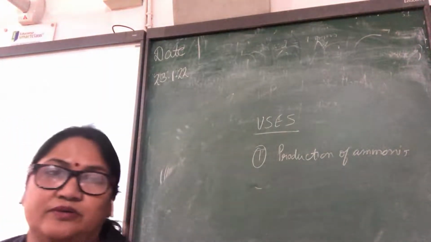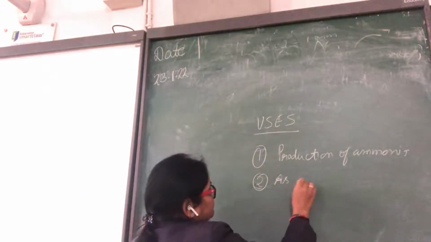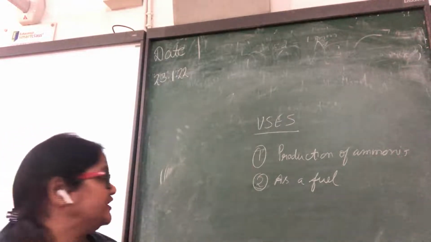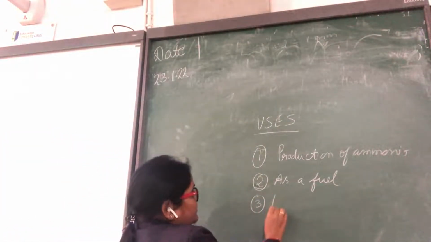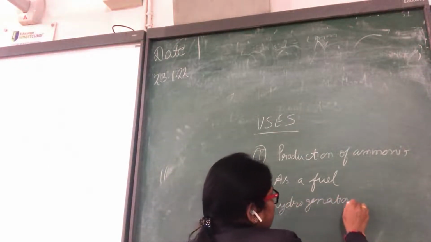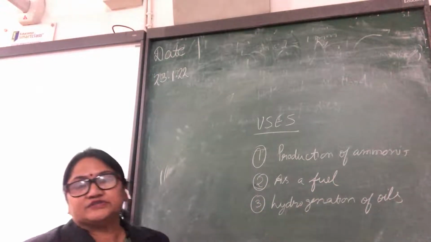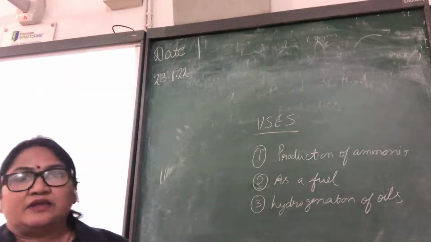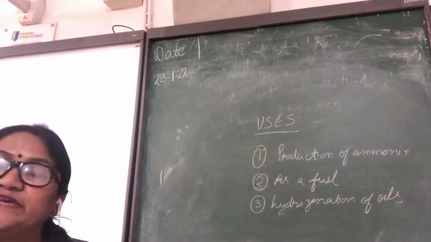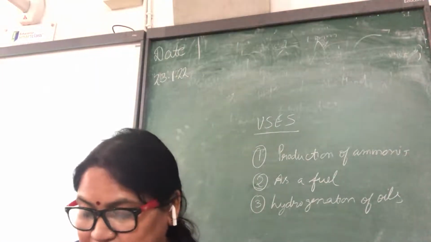And hydrogen is also used as a fuel. Then it is also used in the hydrogenation of oils. So these are the uses of hydrogen. All the uses you have to learn thoroughly. In the oxyhydrogen flame also hydrogen is used.